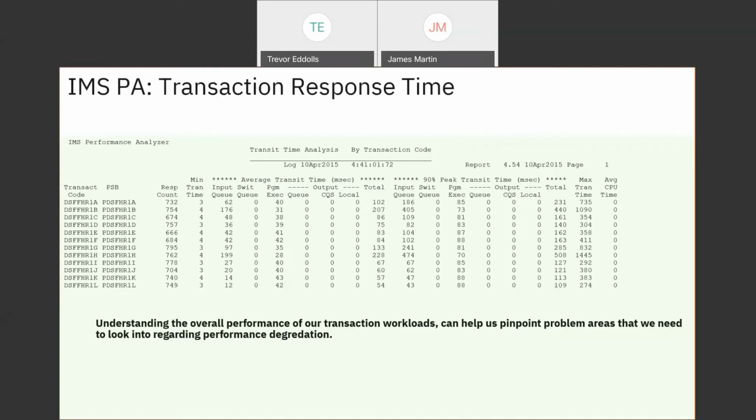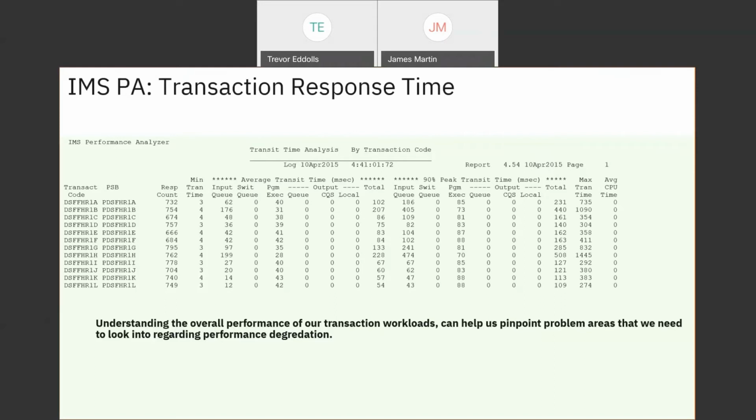Again, this helps identify problems that are in IMS versus problems that could be somewhere else as well. This report in particular was just going to help me understand if I need to do a deeper dive analysis to find where the problem is so that I can solve the problem and not have it again.